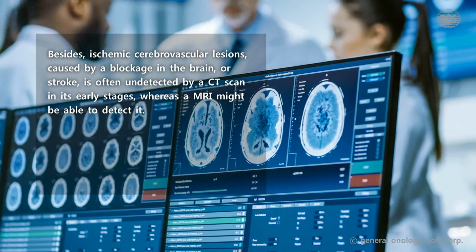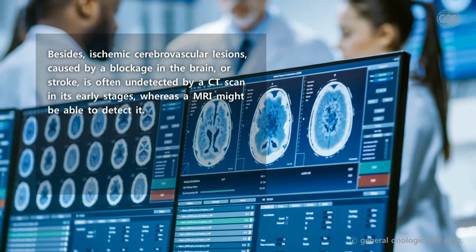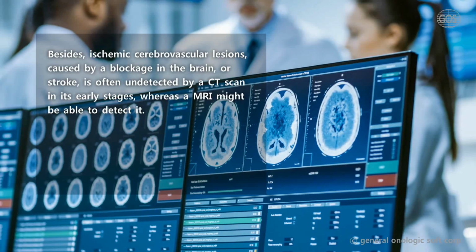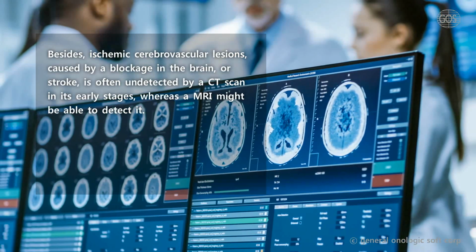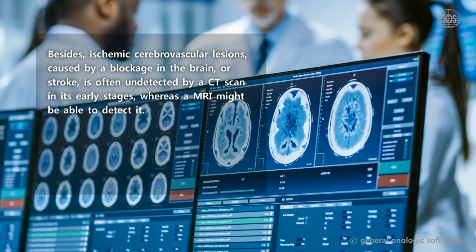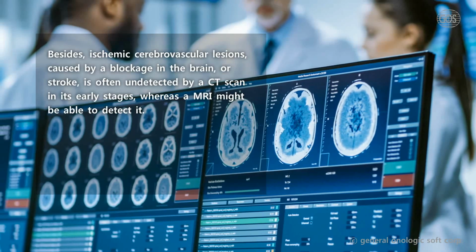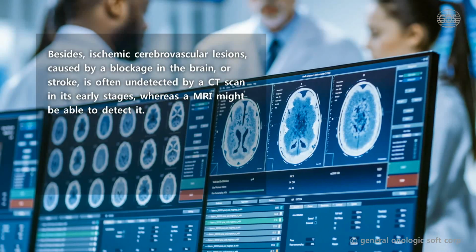Besides, ischemic cerebrovascular lesions, caused by a blockage in the brain, or stroke, is often undetected by a CT scan in its early stages, whereas a MRI might be able to detect it.